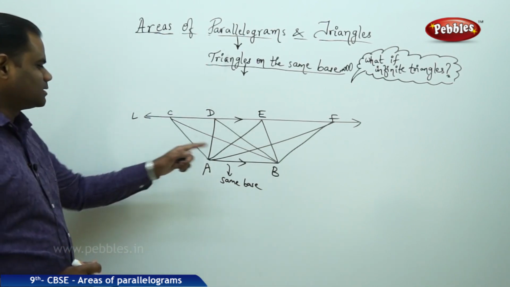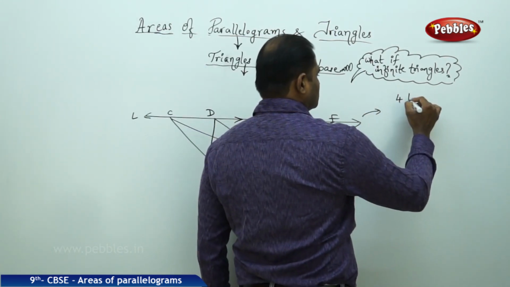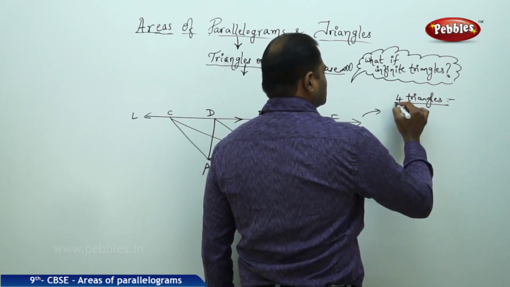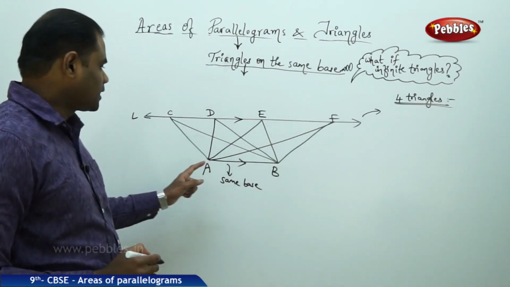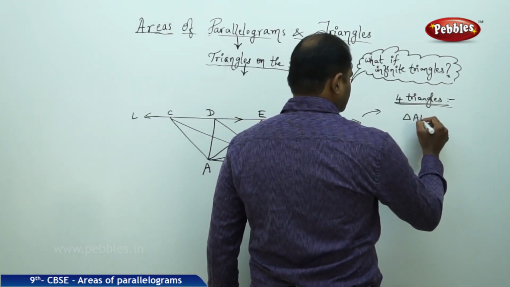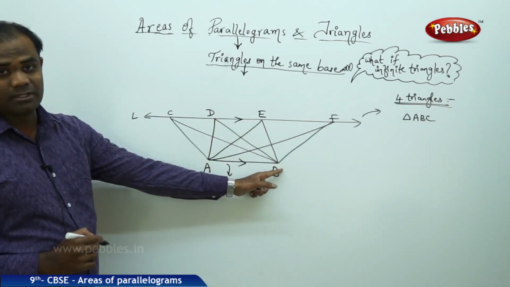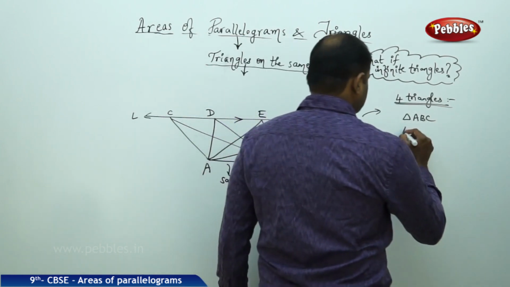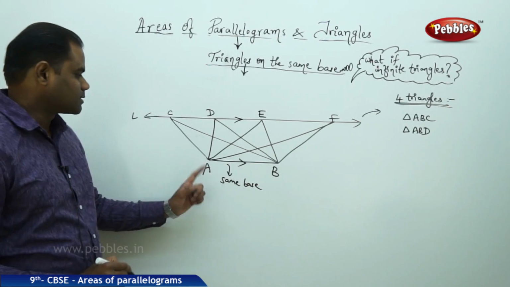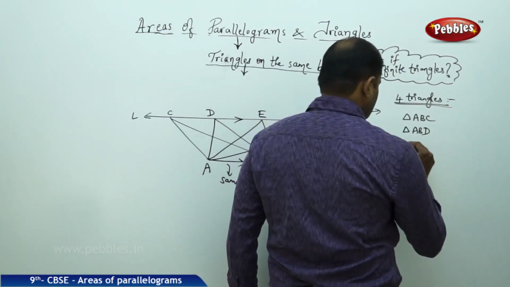The first triangle is ABC, and the second triangle is ABD, as can be seen in the diagram, and the third triangle is ABE, as seen here.